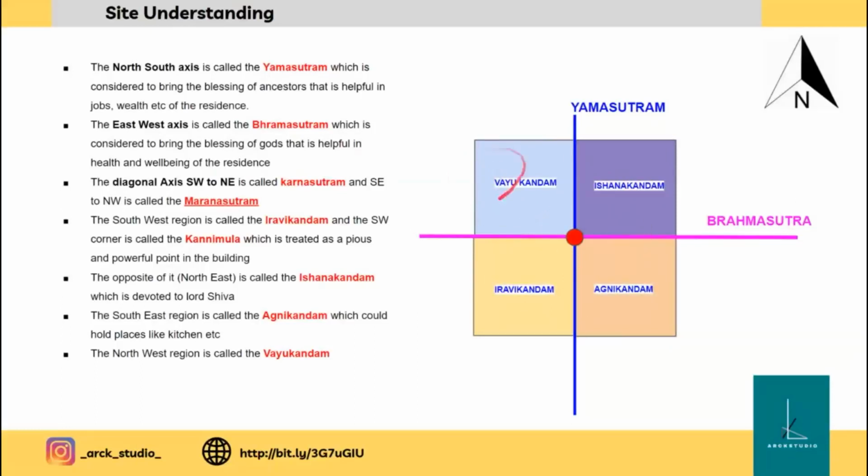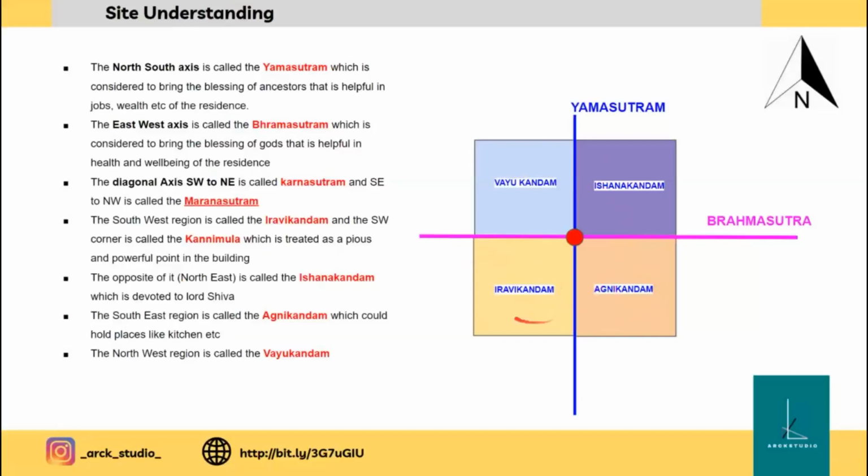For example, the Vayuganda is normally used as the place for washrooms and places that normally deal with water. Ishanaganda is a position dedicated to Lord Shiva himself, who is the Panchabhutanath. Then we come to Agniganda, which is the place for anything related to fire, especially regions such as the kitchen.